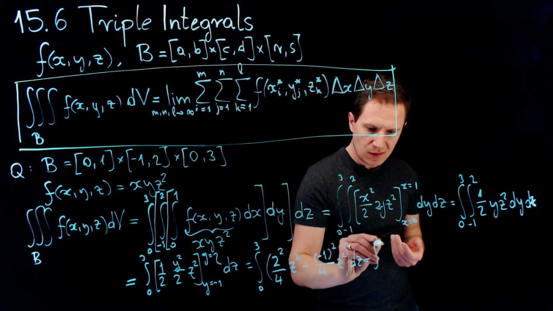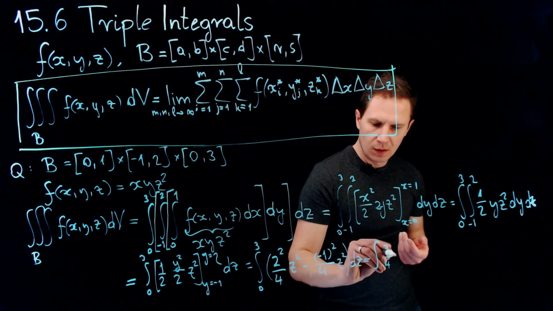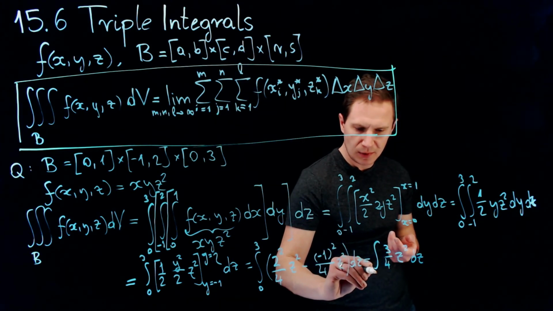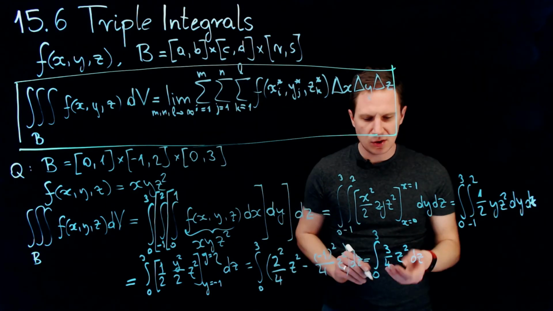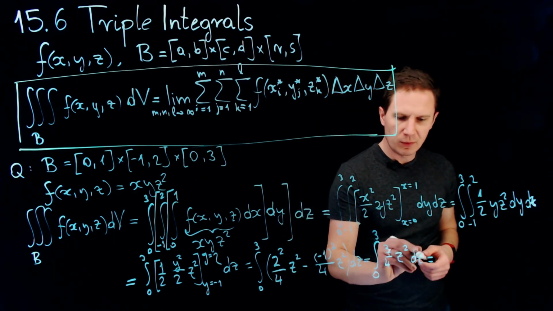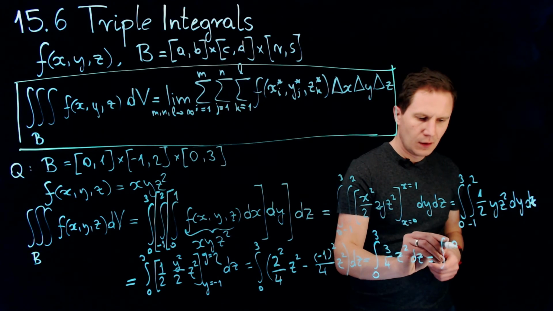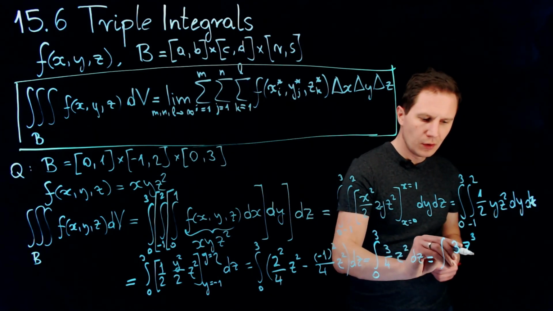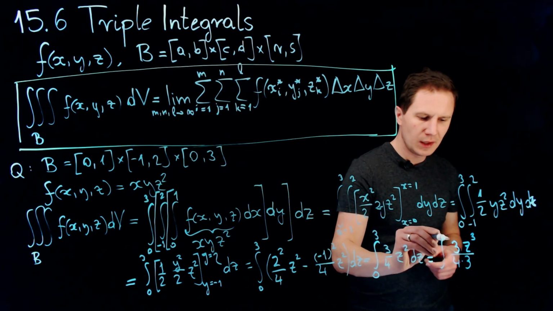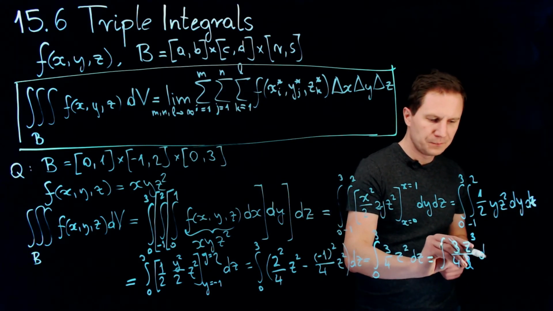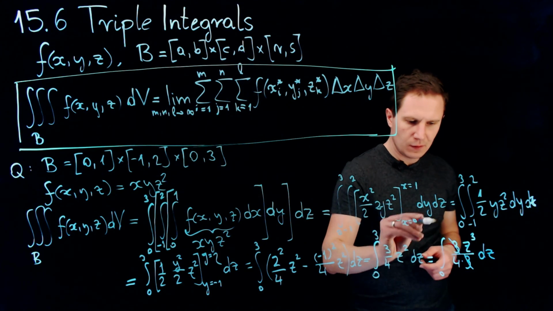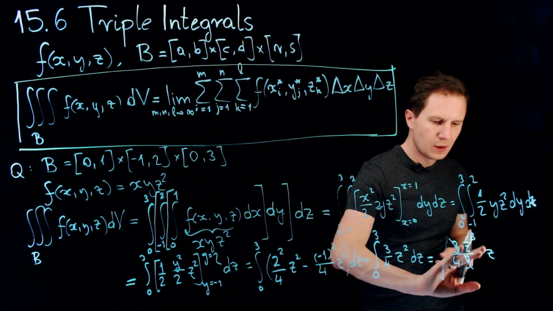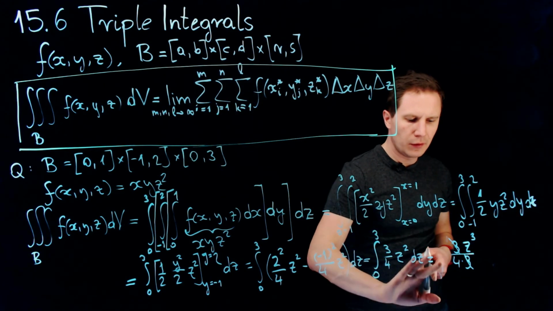So that's just 3/4 times z squared. Then we integrate with respect to z as it changes from 0 to 3. So what we really get is 3 times z cubed over 4 times 3. We can simplify by 3, as z changes between 0 and 3.